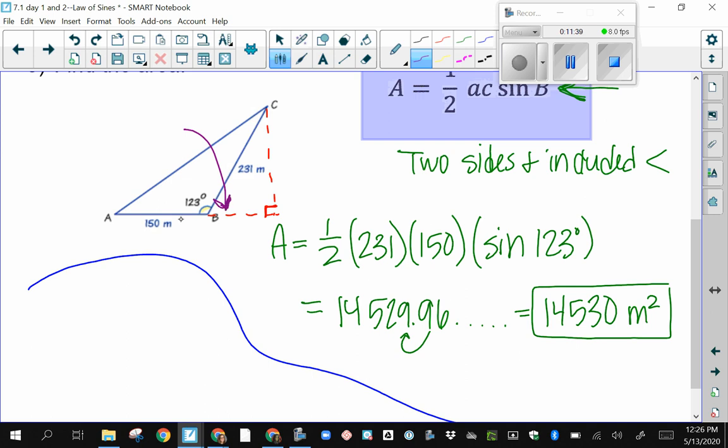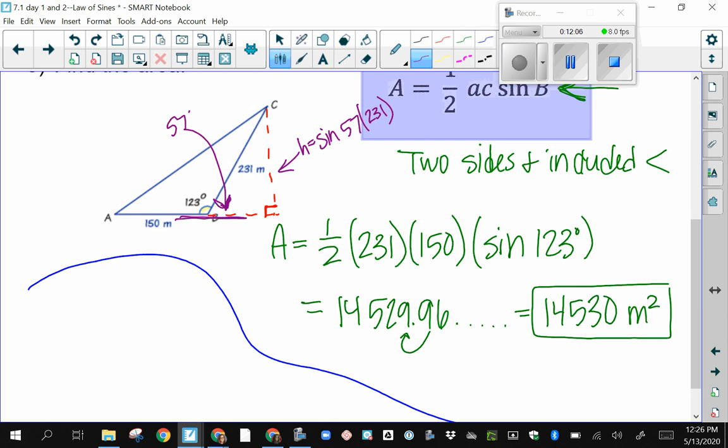For instance, I know that that has to be 180 degrees. It's a straight line. So if I were to subtract 123 from that, that would be 57 degrees. What I could do is use trig ratios to find that height. This would be equal to the sine of 57 degrees times my hypotenuse of that red triangle.